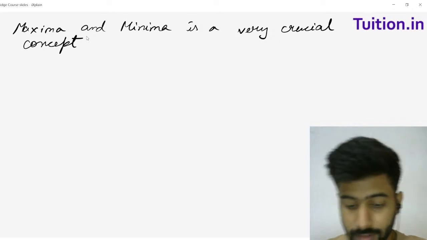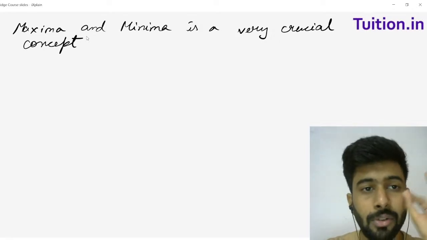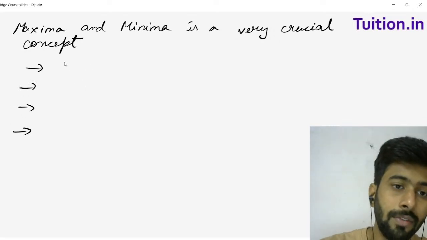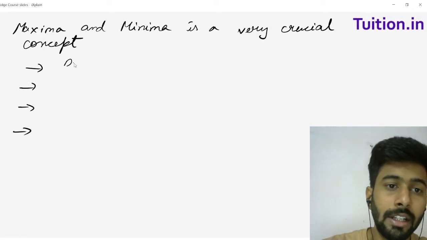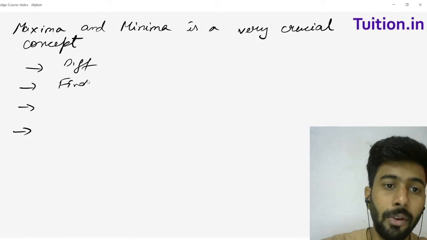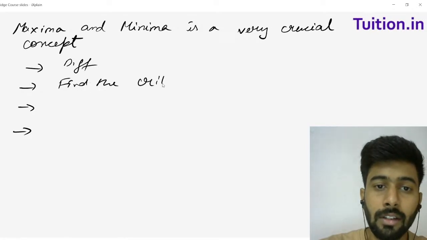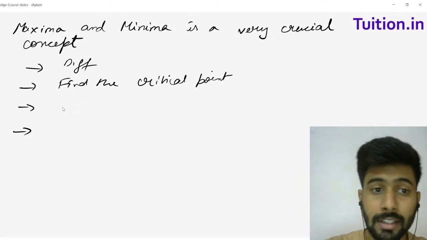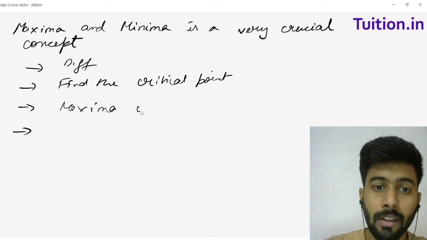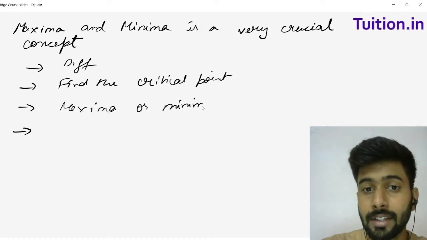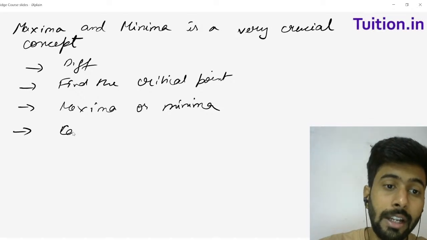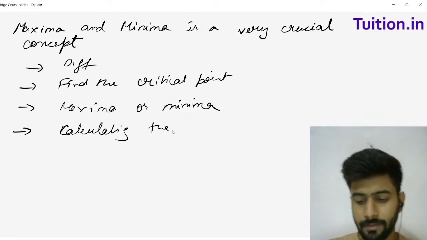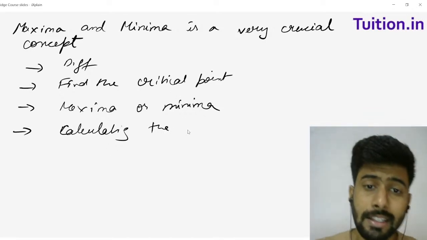It's very crucial. So in case you have any doubts at any step, there were four or five steps: first differentiating the function, then finding the critical point, then checking whether that critical point is a maxima or minima using the second derivative test, and then calculating the maxima or minima.